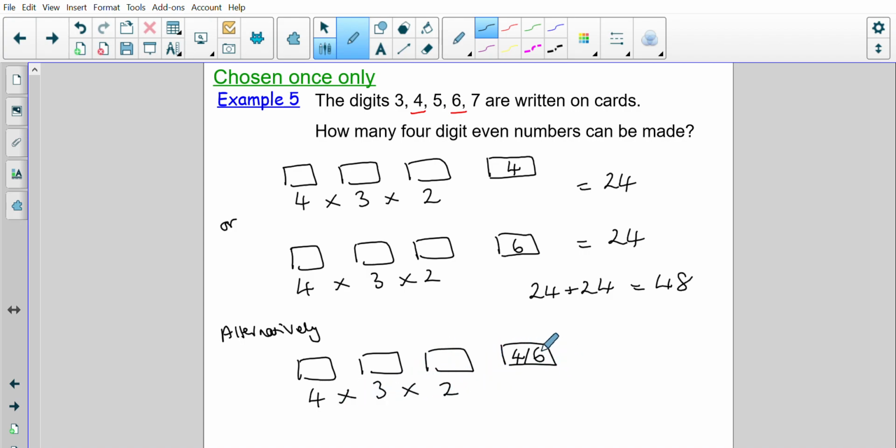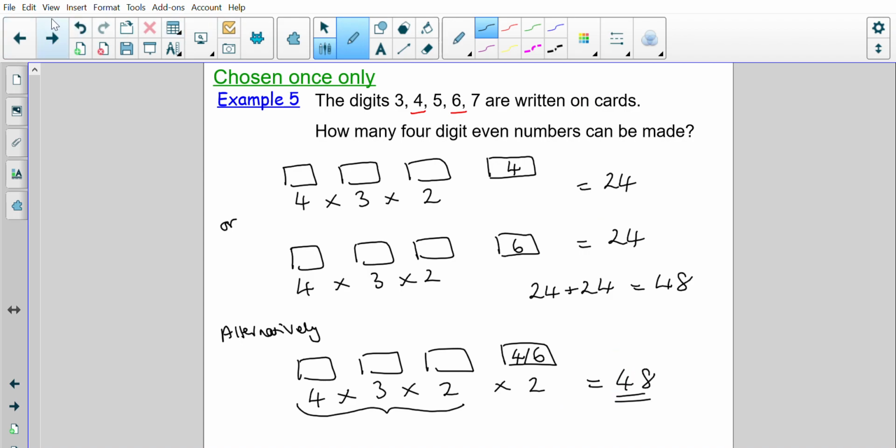But because I know I can have a 4 or a 6 here, I need to multiply that possibility by 2. And if I do that, I'm still going to get the 48. So this part here is thinking about my product rule for counting, and this is thinking about, well, I've got 2 different scenarios that I can consider, so I need to double that and get 48.